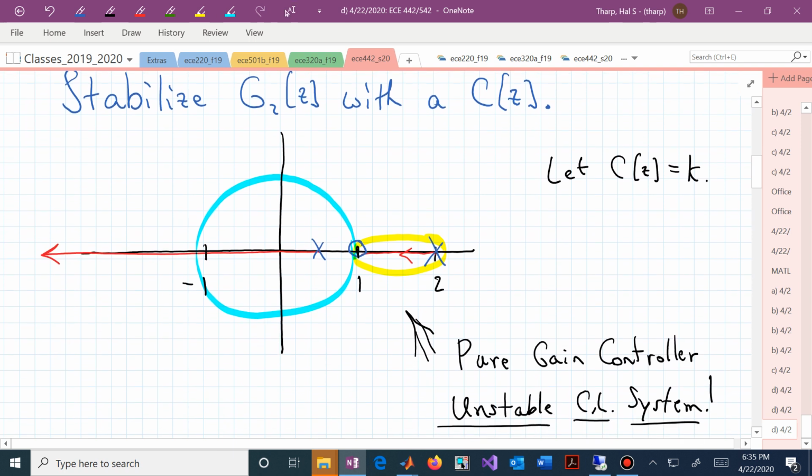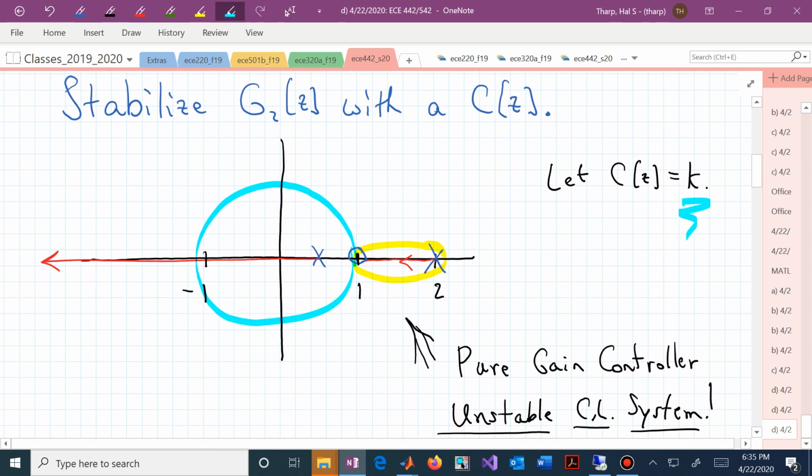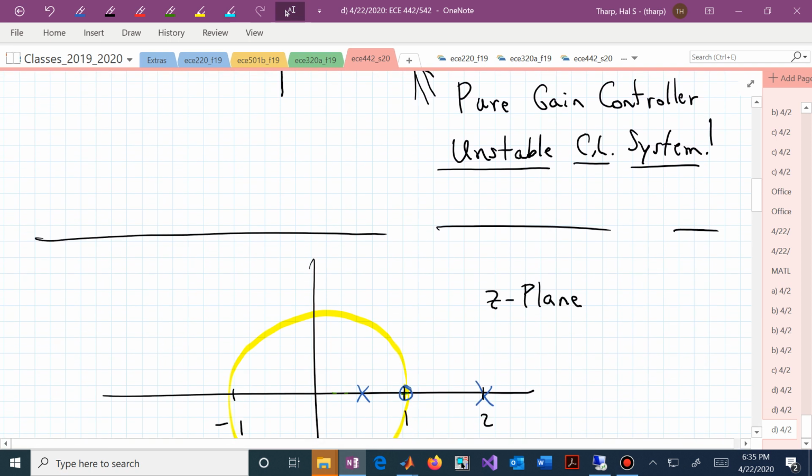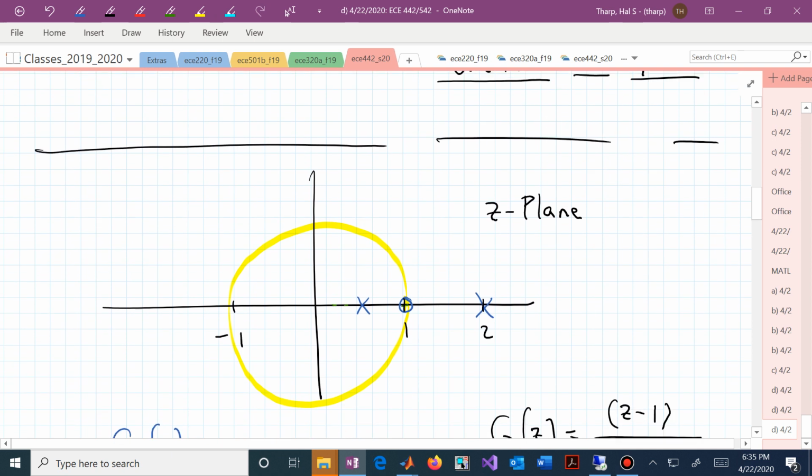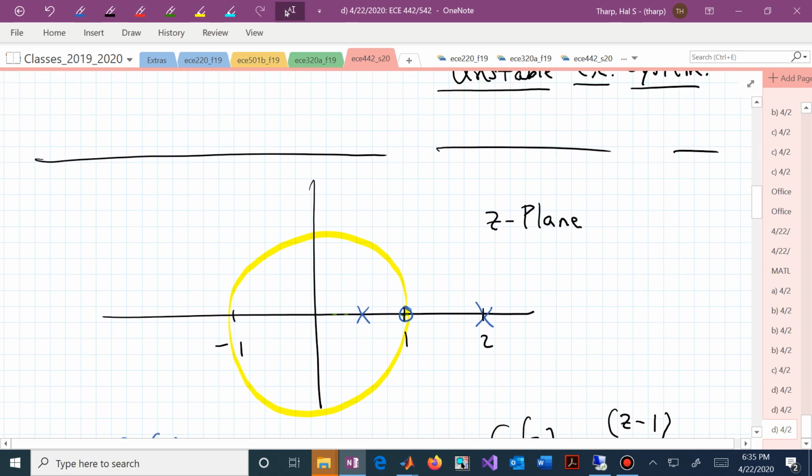And with a pure gain controller, that's what I'm meaning by a pure gain, we just have a gain k. As long as we're restricted to having that k between 0 and infinity, we're not going to be able to stabilize the closed loop system. So what do we do? We can't use just a pure gain controller.